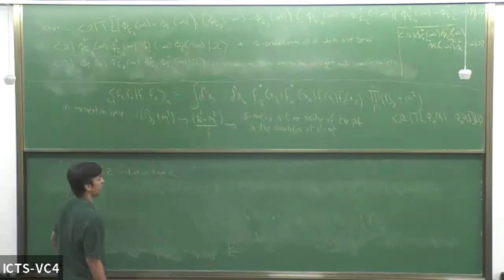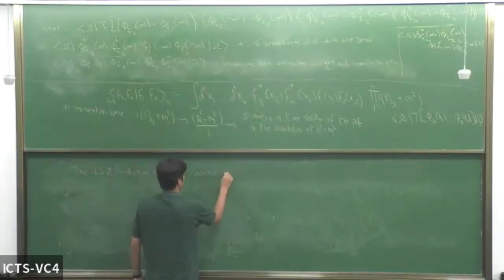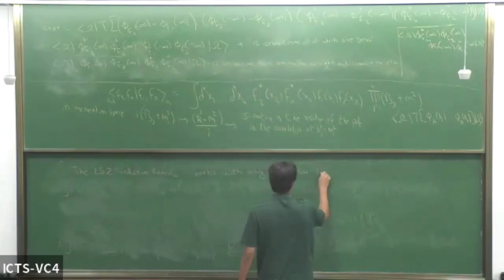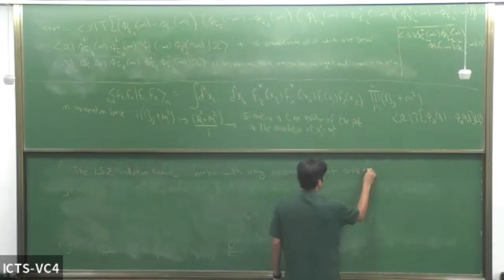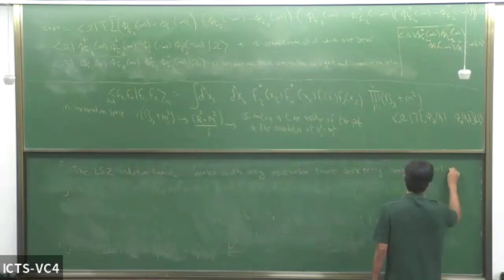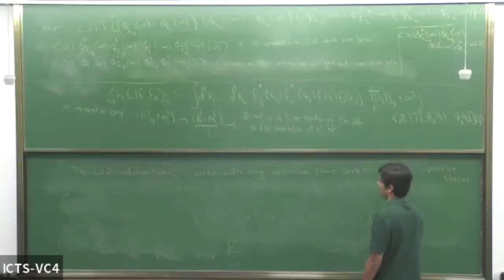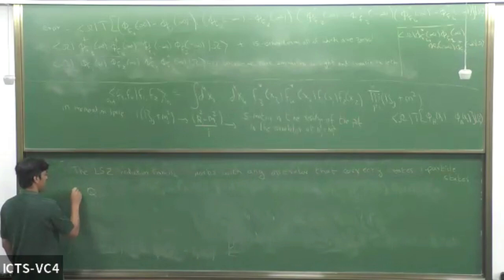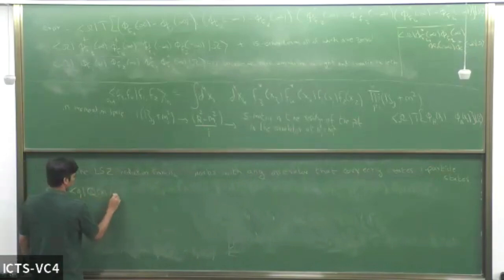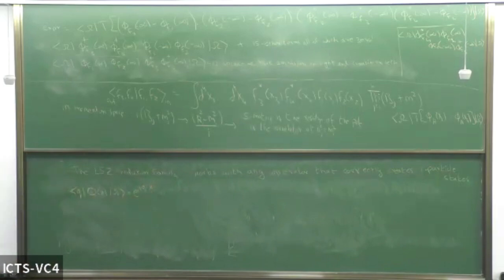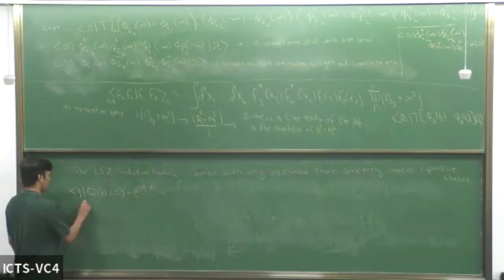in fact, this formula also works with any operator. So, if I give you some other operator Q, all I really want is that this operator Q, when I act with this Q of x, should give you e to the iq dot x, and you want that.